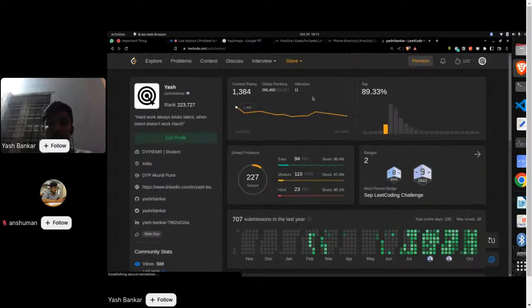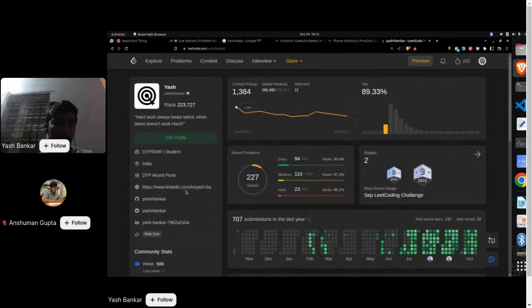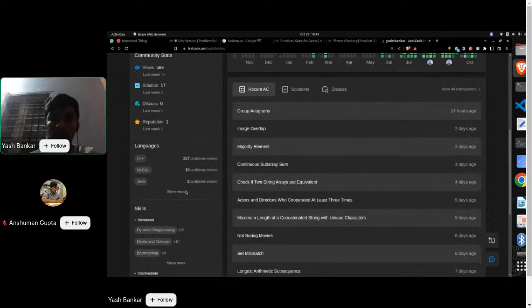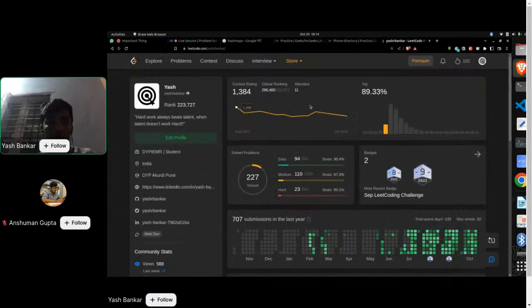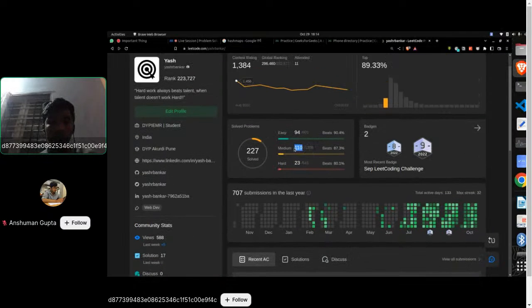This is the contest rankings and all on LeetCode. Recently I started with CodeChef also, but I'm good on LeetCode and solving problems consistently here. You can check out these medium level problems. I'm also struggling with hard level problems, but currently I'm focusing on medium level problems.